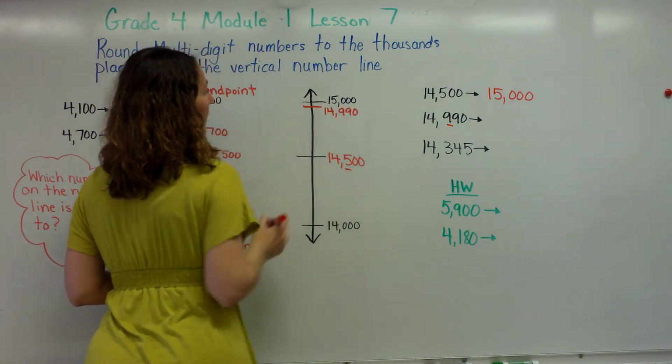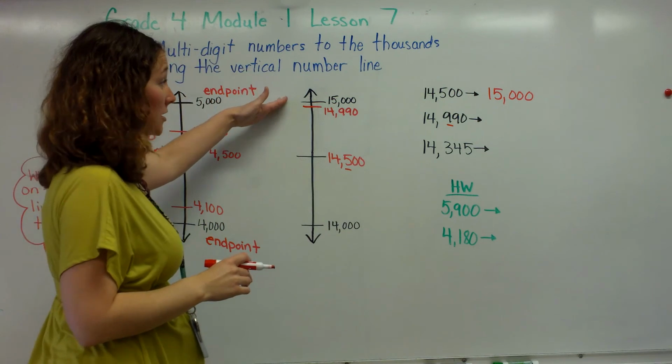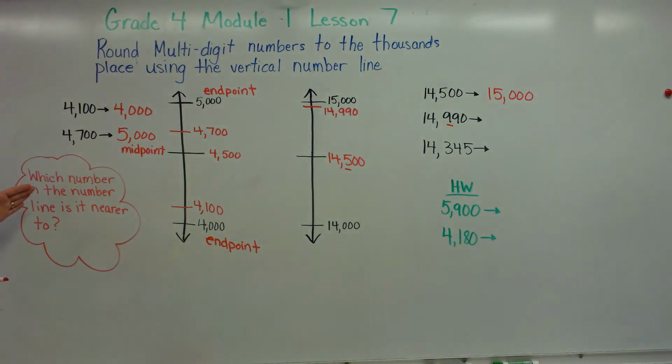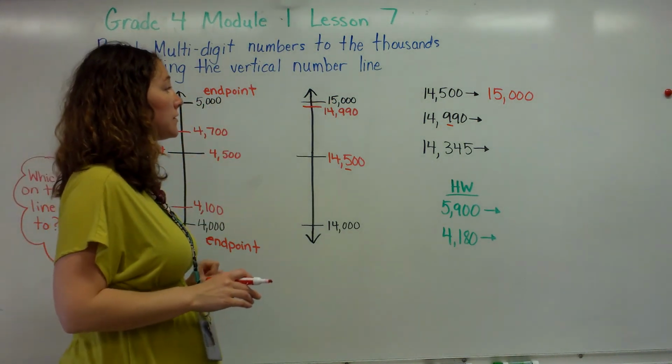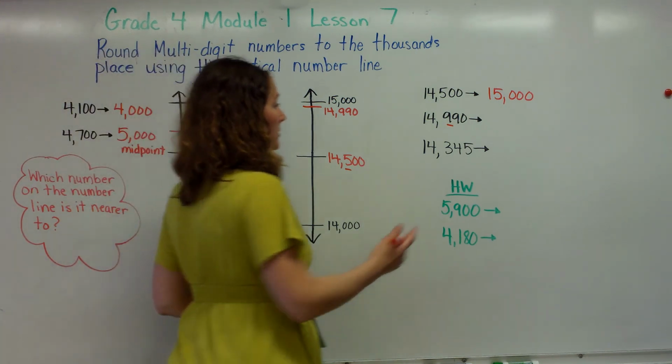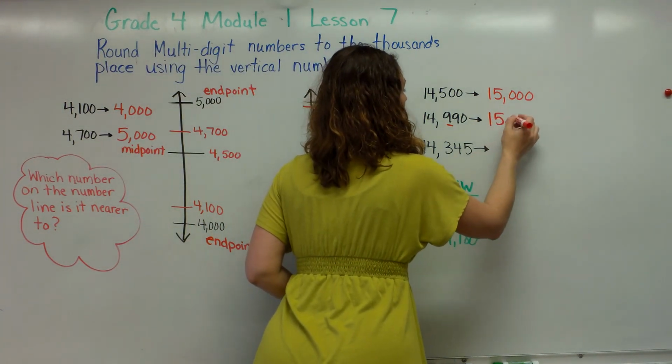Now, 14,990 is almost 15,000. If I ask myself which number it's closer to on my number line, it's obvious that it's closer to 15,000, and therefore 14,990 rounds to 15,000.